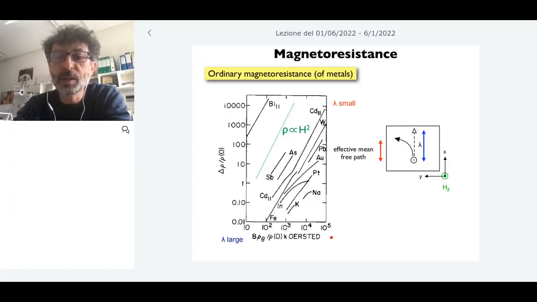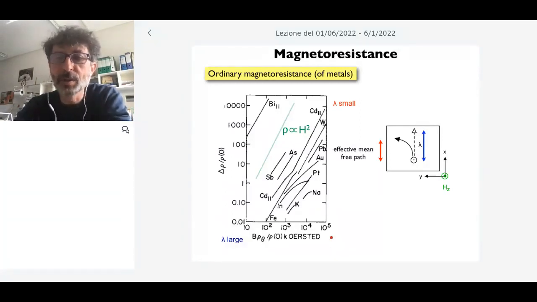The magnetic field has an important effect on the motion of electrons, and this is the Lorentz force. Here we're applying an electric field, which is trying to shift electrons in one direction. In the picture that is direction X. But then you put a magnetic field in the Z direction, so perpendicular to the screen.